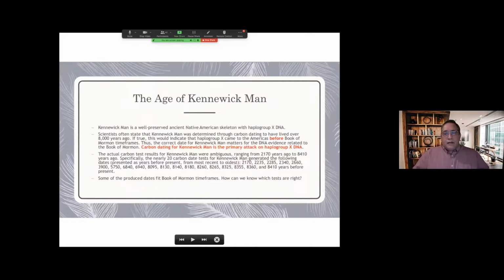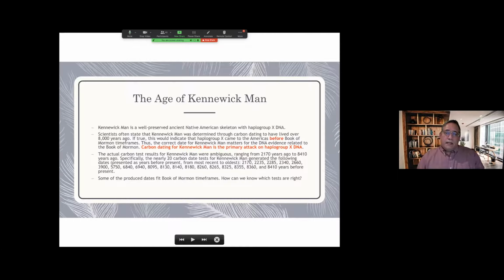And Kennewick Man turns out to be haplogroup X. So it's kind of an exciting and interesting thing. He fits this haplogroup X DNA type that connects with the Middle East, and he's clearly an ancient Native American.